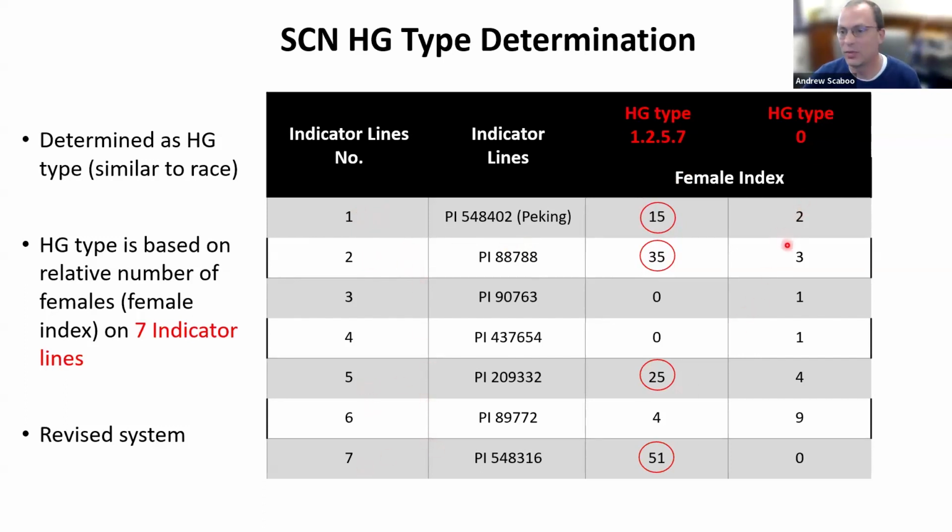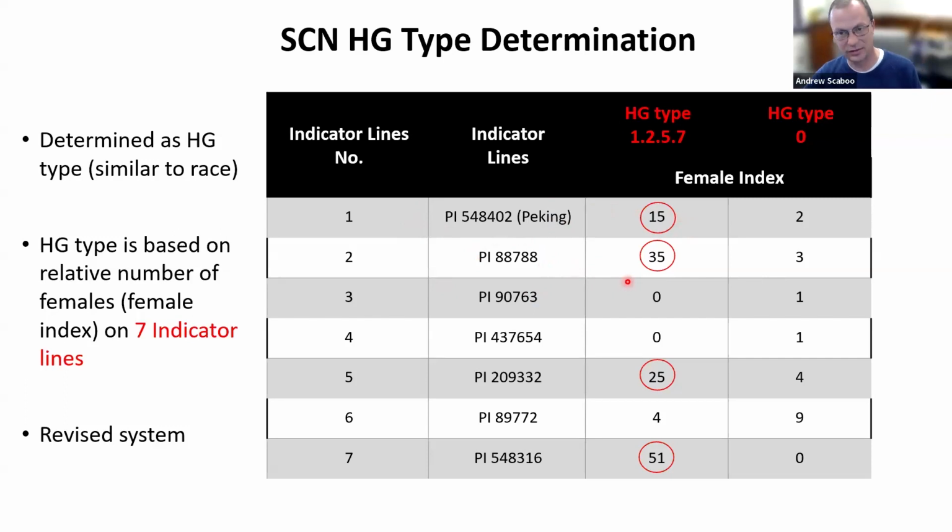This is different from what we would call an HG type 0, meaning there's not greater than 10% female index on any of the indicator lines. What's important for our farmers and everyone listening is that when we have an HG type 1257, that means more than 10% of those nematodes overcome both types of resistance that we currently have, Peking type resistance as well as 88788 type resistance.